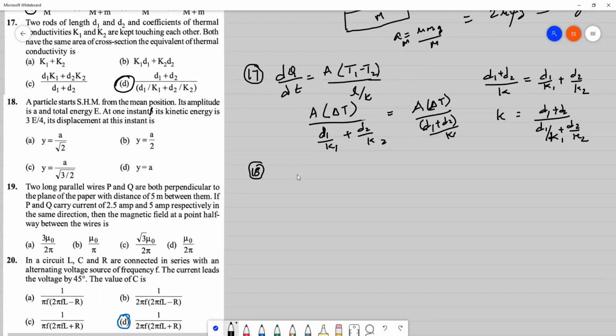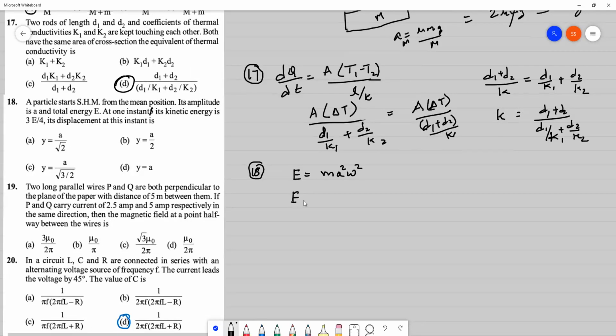So we know that the total energy is m a squared omega squared. This is the total energy or maximum kinetic or potential energy.